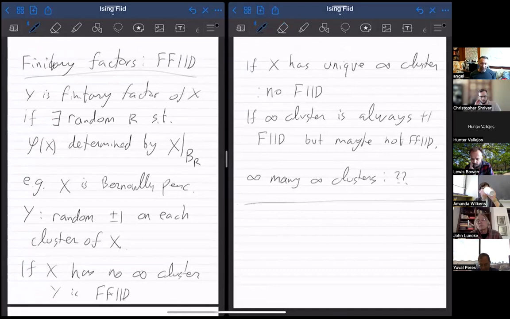The Ising model, and essentially just to set the notation.